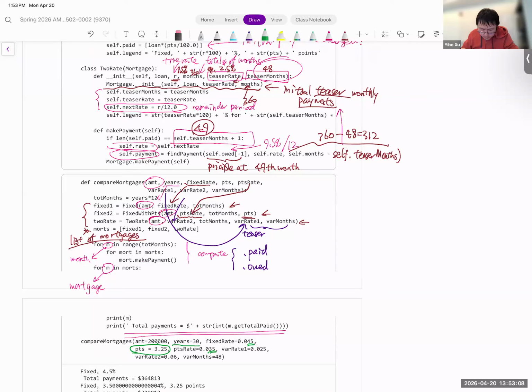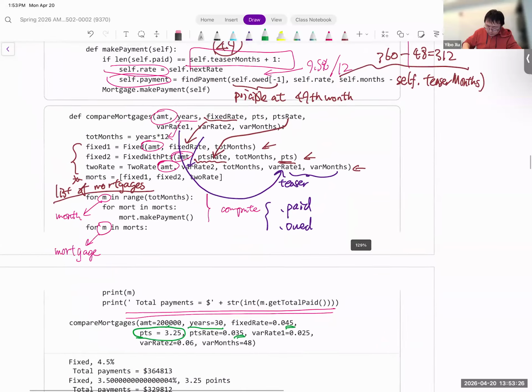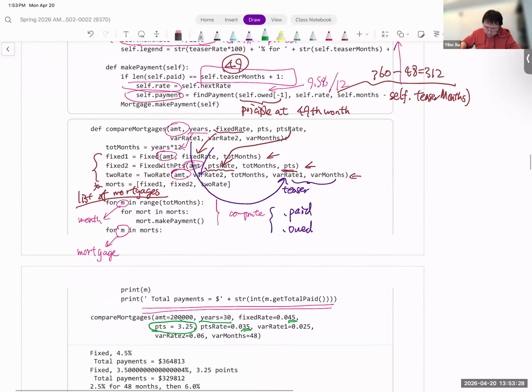Teaser is going to be the smaller one, which is now the second rate. So you need to be really careful about this. Let's look at the code. The code is here.